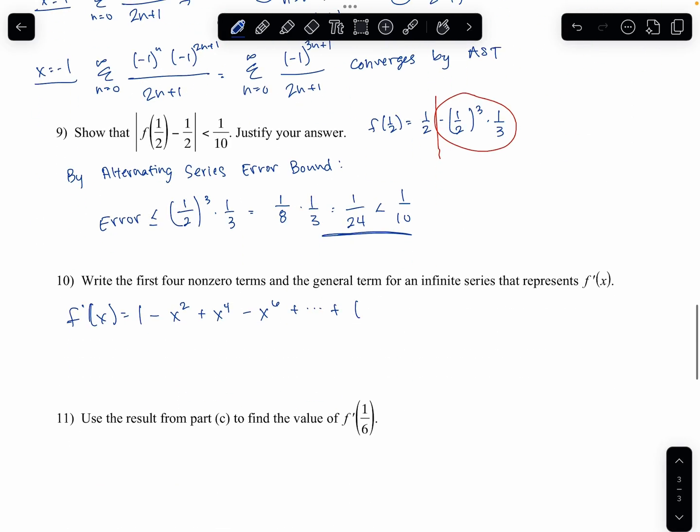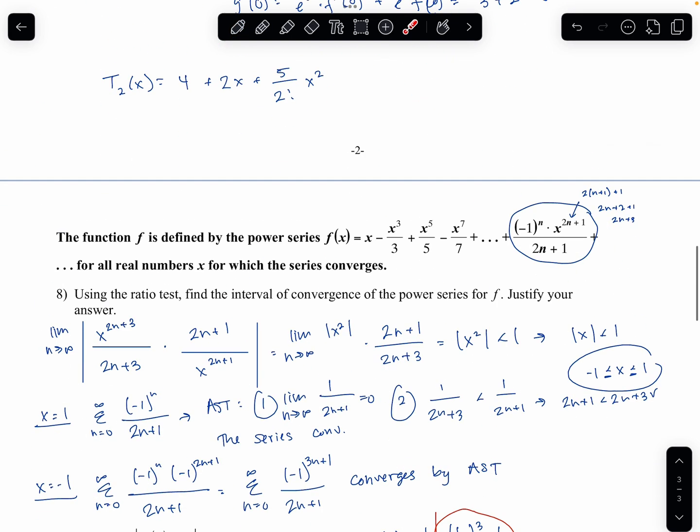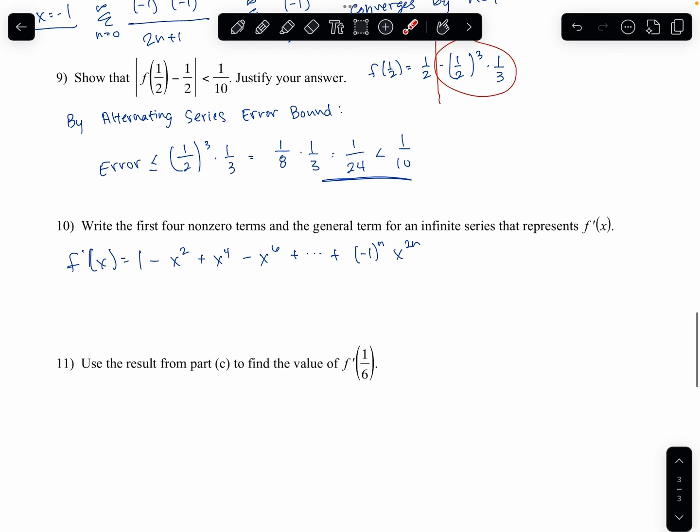So it's going to be negative 1 to the n times x to the 2n. Again, the general term follows the same exact pattern as all of these. We drop the 1, drop the 3, that cancels, drop the 5, that cancels, drop the 7, that cancels, drop the power, it cancels, and then decrease by 1. So I think that should be good.